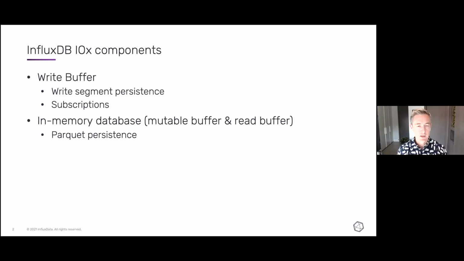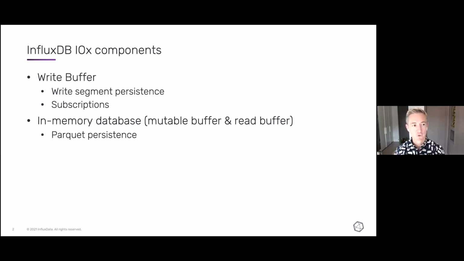The other big piece is basically the in-memory database, which is comprised of two underlying pieces. One is the mutable buffer, which is an in-memory queryable store that's designed to basically be optimized for writes. And then the other is a read buffer, which is an in-memory queryable store that's designed to be optimized for compression and query speed.